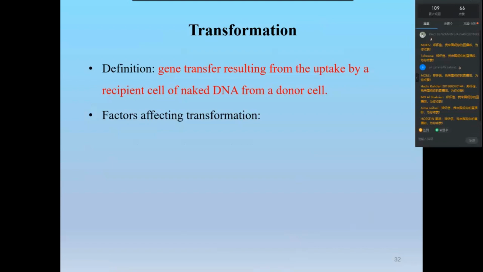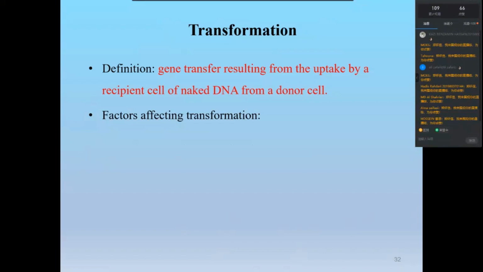In this field of gene transfer, we'll learn several aspects. The first one, we'll learn what is transformation. Transformation means the gene transfer resulting from the uptake by a recipient cell of naked DNA from a donor cell.